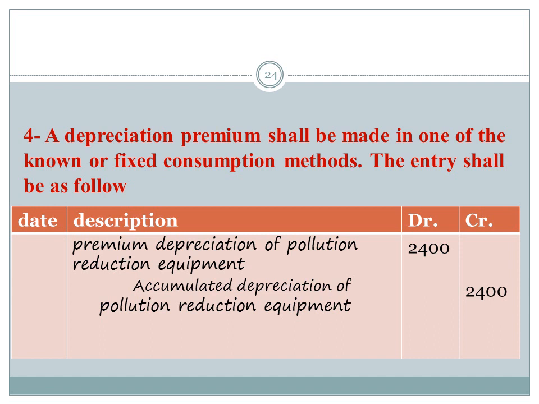So the total amount of our asset is 24,000. The depreciation rate is 10%, so the depreciation will be 2,400. The entry will be premium depreciation of pollution reduction equipment in the debit side. Credit side will be accumulated depreciation of pollution equipment.